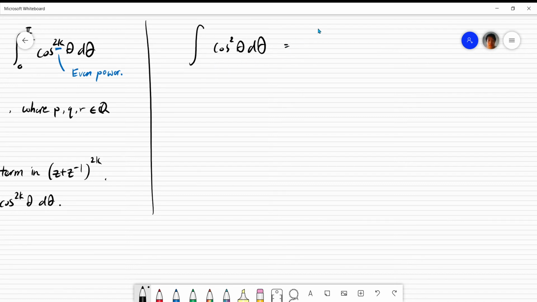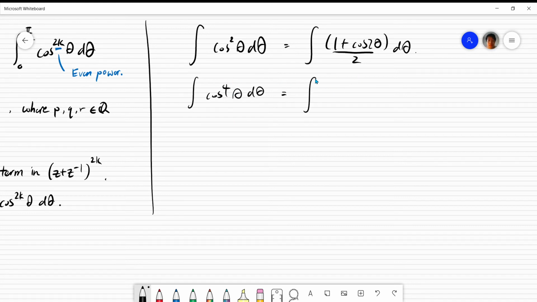We can use the double angle identity, that's 1 plus cosine 2 theta over 2. And that works out pretty nicely. And then perhaps we can try cosine to the power 4 theta. Once again, we can do cosine squared, and then that's squared again.